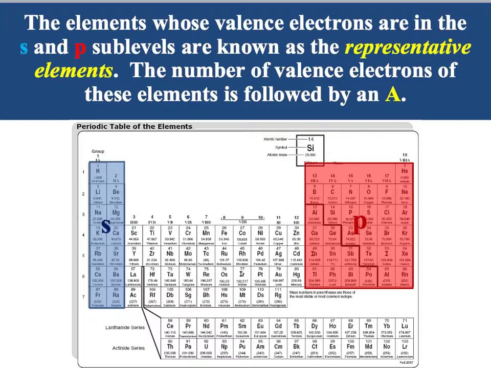And the number of the valence electrons of these elements are followed by an A. So that would be the first two columns of the periodic table, and then the last 6 columns of the periodic table. So the parts highlighted in blue and red for you. And again, they have their S and P orbitals or sublevels filled.